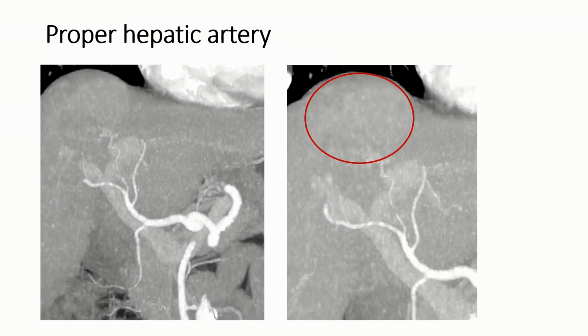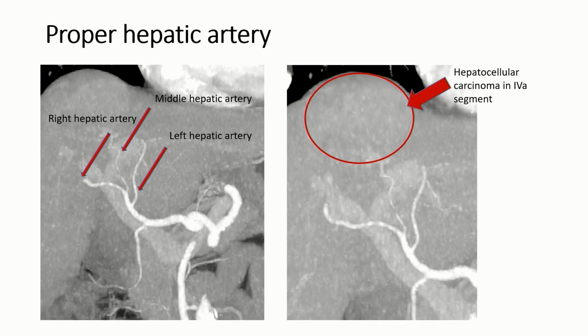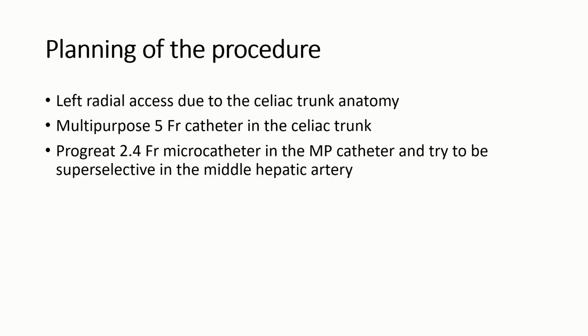Now you can see the hepatocellular carcinoma on the right with the red circle, and then that's the left hepatic artery, the middle, and the right. And you can see that the hepatocellular carcinoma is in the fourth A segment of the liver, and we will selectively engage the middle hepatic artery.